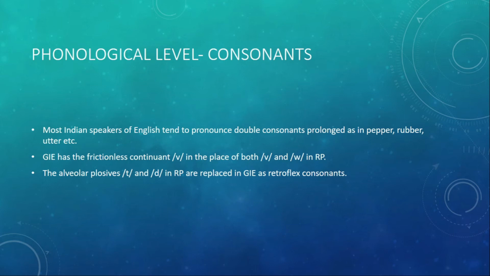You have a tendency to say den and dark with retroflex sounds. So that is a difference. Alveolar plosives t and d are replaced by retroflex consonants. So these are the differences at the phonological level between GIE and RP.